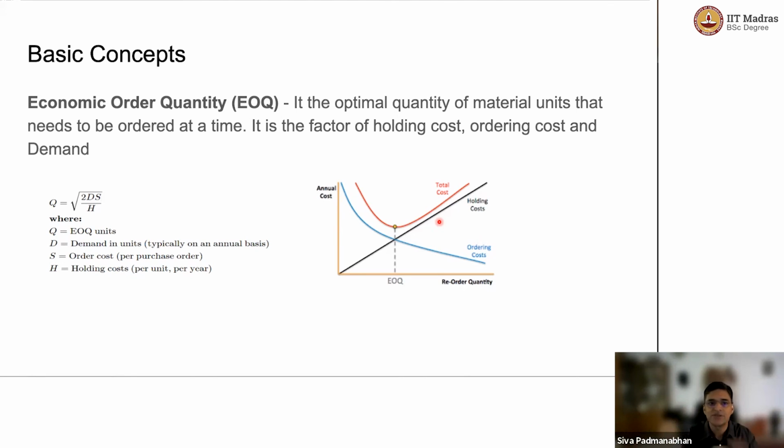With EOQ, economic order quantity, you're trying to balance the ordering cost, because every time you place an order there is some administrative cost, and then the holding cost. So we will not be using this formula for our case study. We'll be using the previous one, which is the safety stock, reorder point and reorder quantity concept.